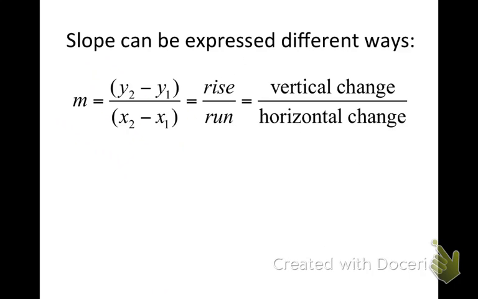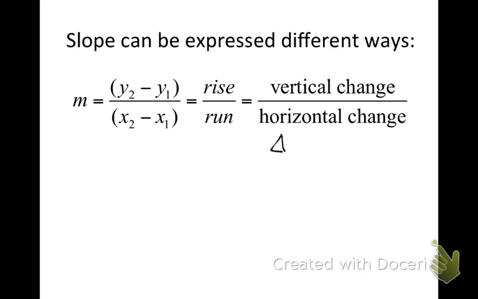There's also rise over run. If you are a visual person, you will enjoy rise over run because it's very easy to see. The next one says vertical change over horizontal change. We won't really use that a whole lot, but it will make you smart if you write vertical change over horizontal change this way, or at least it makes you look smart.